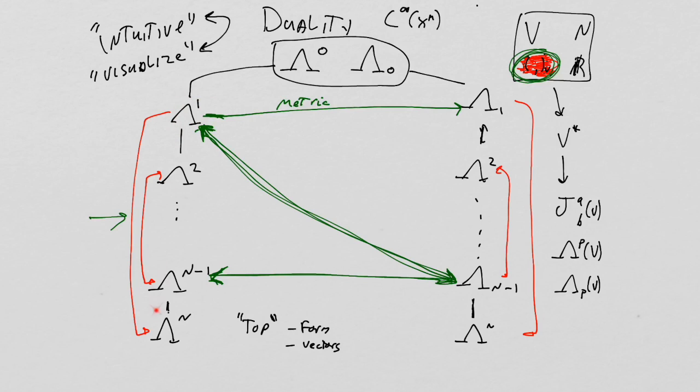You master the abstract notion, the fact that this space has the same number of dimensions as that one, that these are fully anti-symmetric members of a tensor product space. You master the abstract first.